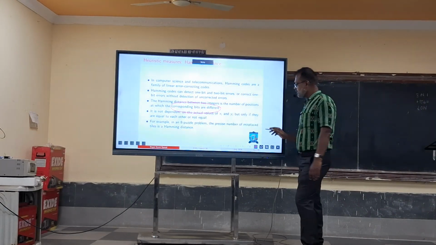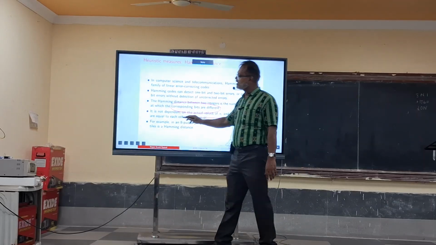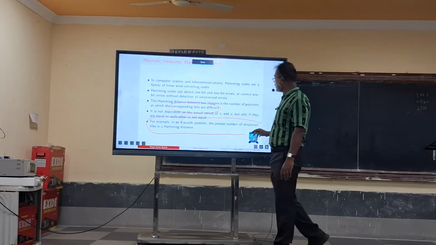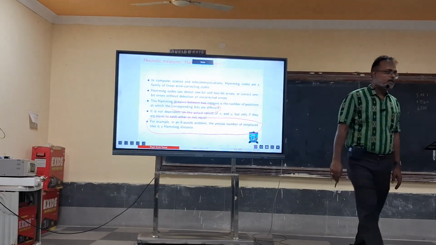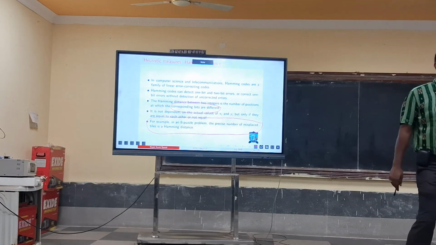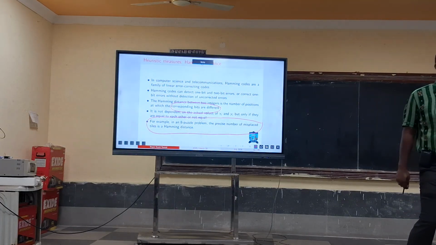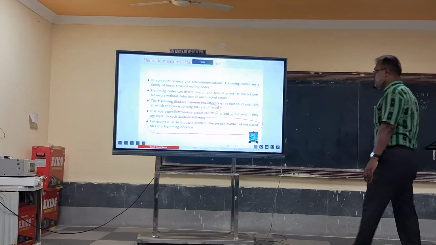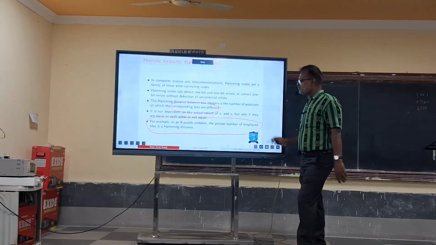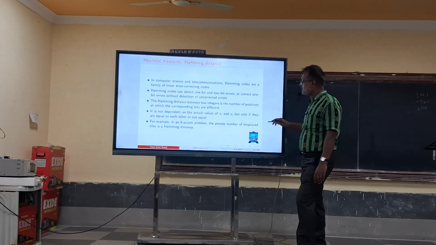For example, in the 8 puzzle, you need to write it down. The other distance that we are going to use, apart from Euclidean and Manhattan distance, especially for the 8 puzzle problem, is the Hamming distance. So in the 8 puzzle problem, the precise number of misplaced tiles is the Hamming distance.